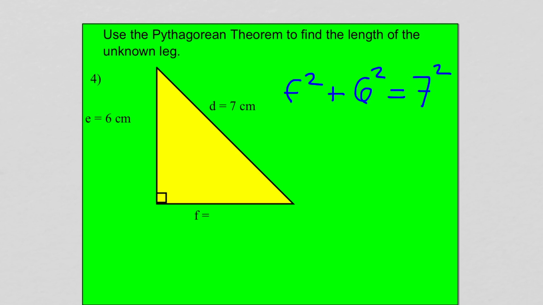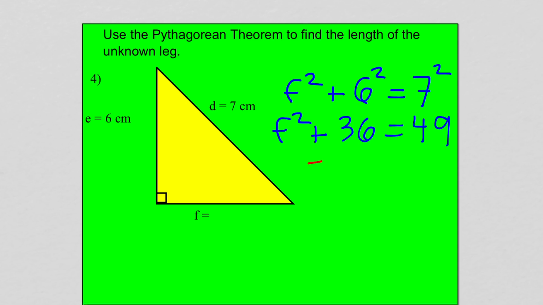Now check it out. We have a bit of a different math equation here, but we're still going to use order of operations to solve it. F squared plus 6 squared is 36 equals 49. Now, what we want to do in this math equation is we still want to figure out the value of f squared. So to simplify this, we need to make the positive 36 disappear and turn into 0.